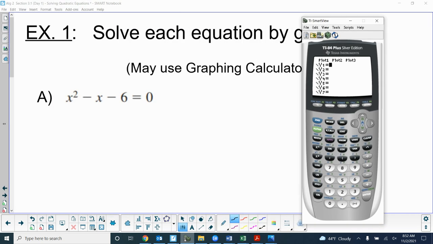Anybody having issues with their calculator? Anybody not getting their graph? Hit zoom 6 if you're not getting your graph. Zoom's at the top, middle, 6.